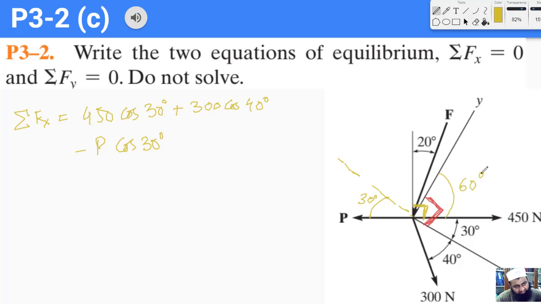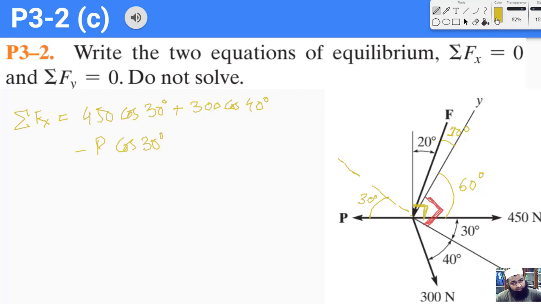And because this whole thing is 90 degrees, this angle is 10 degrees. This is again very simple trigonometry. You would have been very familiar with this already. So this force F makes an angle of 10 degrees with the y-axis, and because it is pointing in this direction, its x component is going to be positive.